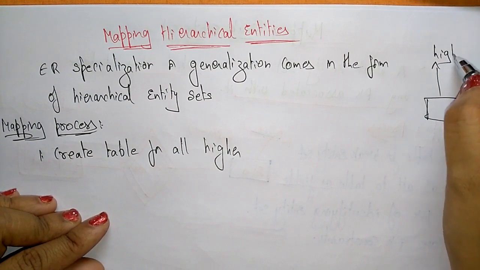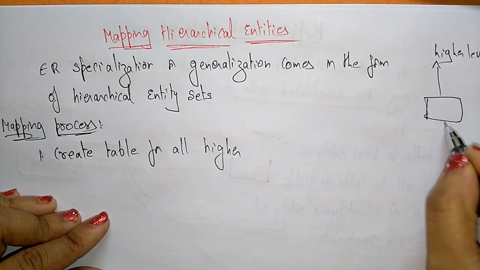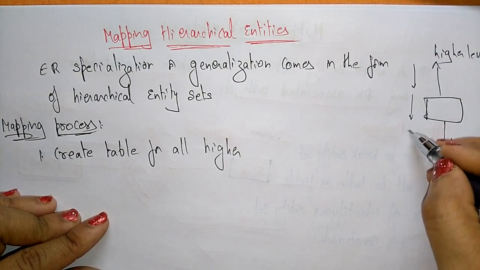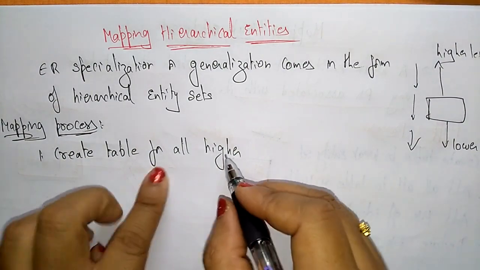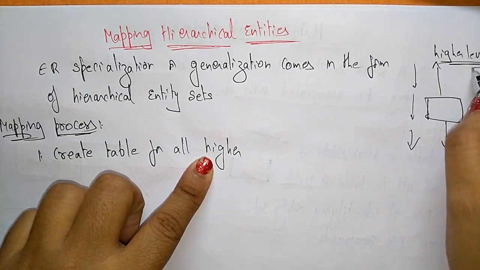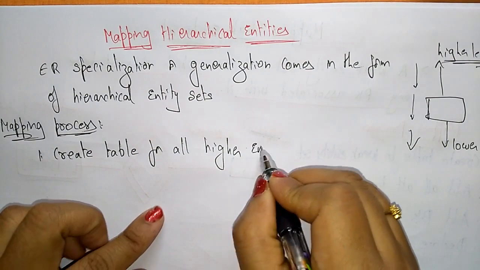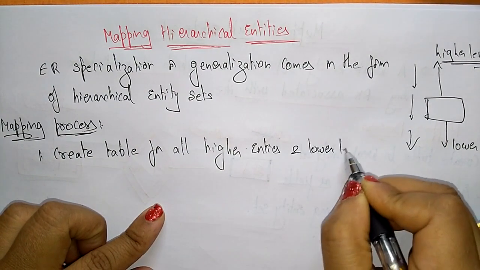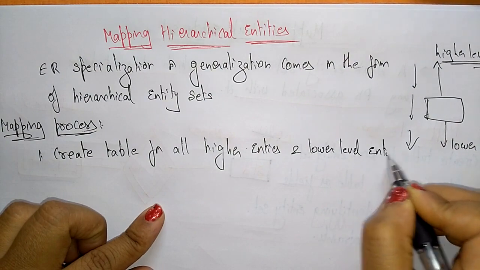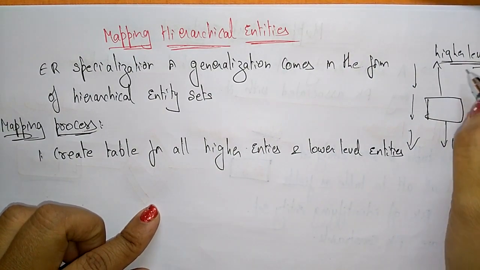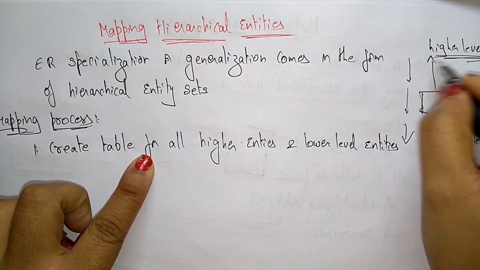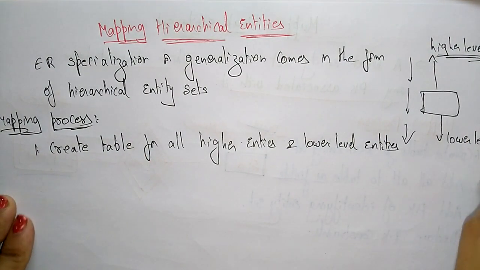These are the higher levels, and below you have the lower levels, because this is represented in the form of a hierarchy. So first create a table for all higher level entities as well as lower level entities, with whatever fields you have.